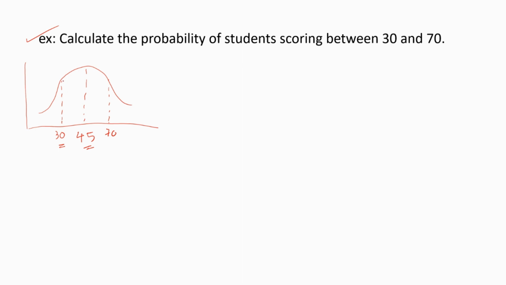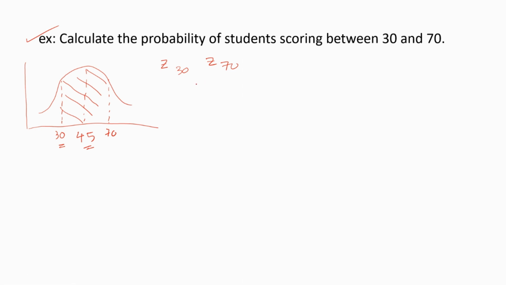They are asking this whole area. This is the area which represents between 30 and 70. Then you have to find the Z value for 30 and the Z value for 70 like we did earlier. Then find the respective probabilities.